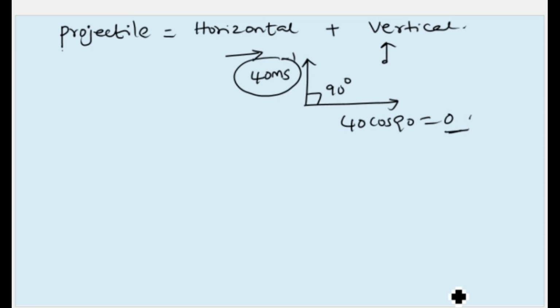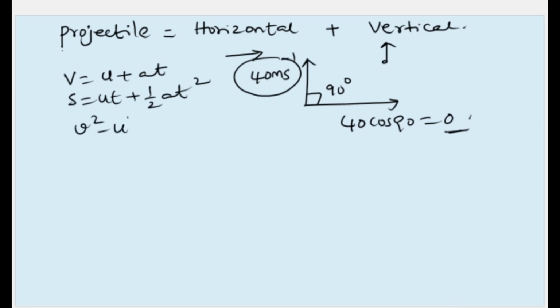And one more interesting thing: we already know the equations of motion, v equal to u plus at, s equal to ut plus half at square, and the third equation of motion, v square minus u square equal to 2as.